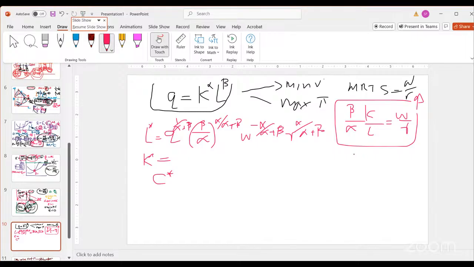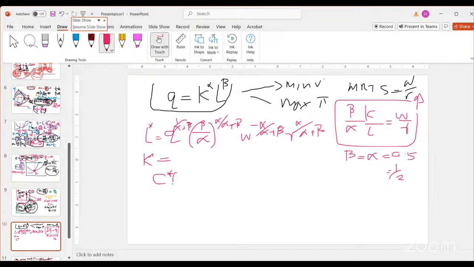Just assuming in the exam, I'll give beta equal to alpha equals 0.5, which means 1 over 2.